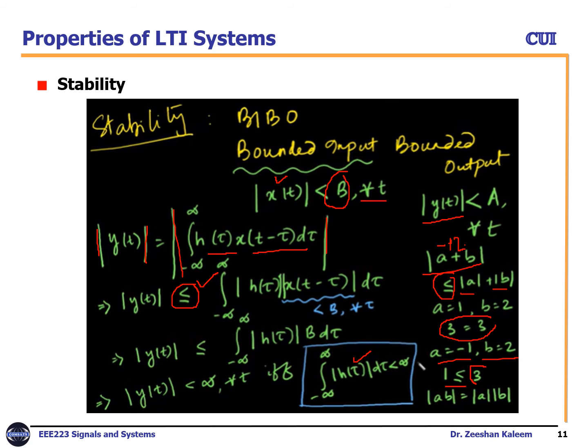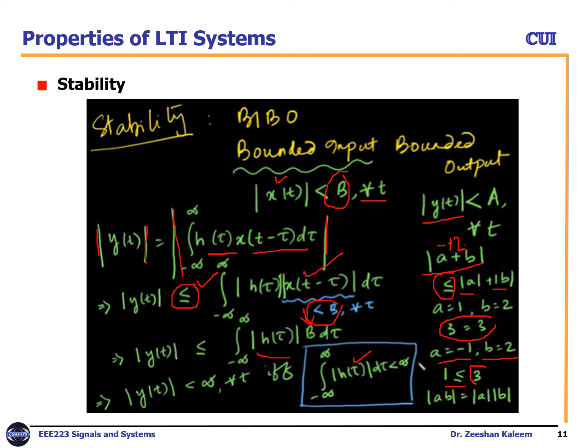The integral is from minus infinity to infinity. Now we know that the x of t amplitude is less than b. So introducing the delay will not affect the amplitude, only the time delay. So absolute of x of t minus tau will be equal to b, right? So put b here. And then you will get y of t less than or equal to the integral of h of tau times b, right?